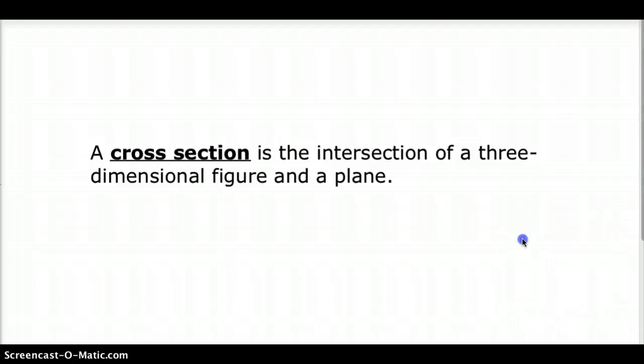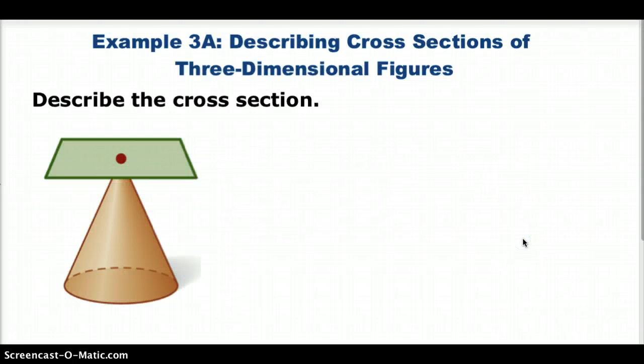Describe the cross section. So it looks like we have a cone there, and that green thing represents the plane where it's intersecting the cone. Well, this plane is only intersecting this cone in this one red dot here.